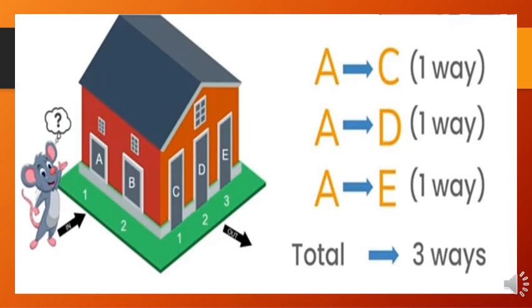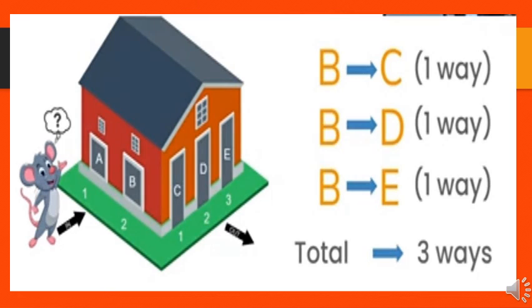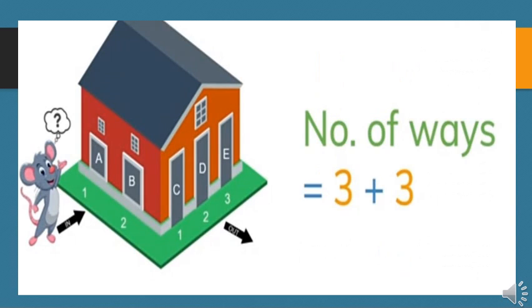The rat first went through A and came out from C, and went through A and came out from D, and again went through A and came out from E. Total, there are three ways from door A. The rat goes through A but comes out in three different ways, and went into B and came out from C, then D, and then E. So from A and B there are three different ways each. So the total number of ways is 3 plus 3 is equal to 6.